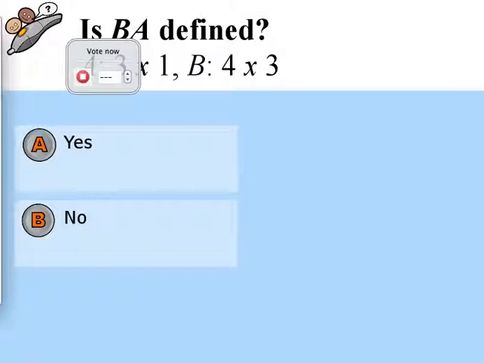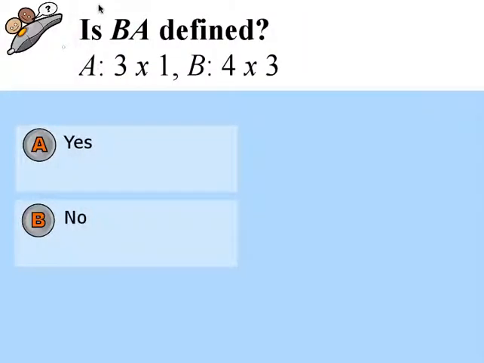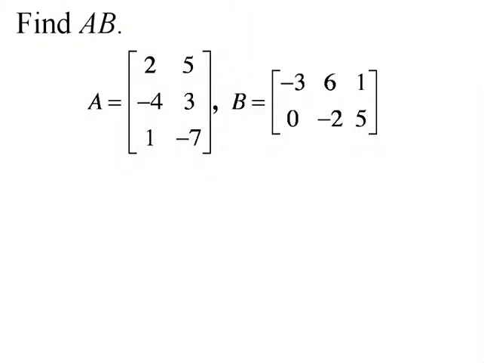So the exact same matrices, just flip them. And yes, it is defined. What will your resulting matrix be? You said it, right? 4 by 1, because your 3's cancel. So that's the first step you need to do.